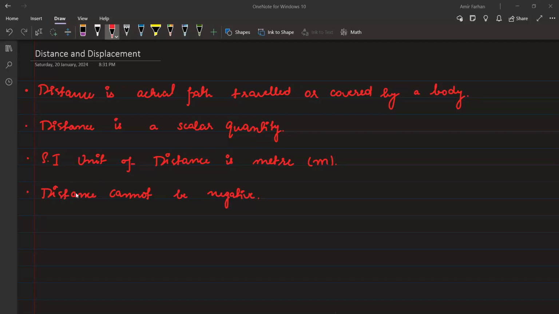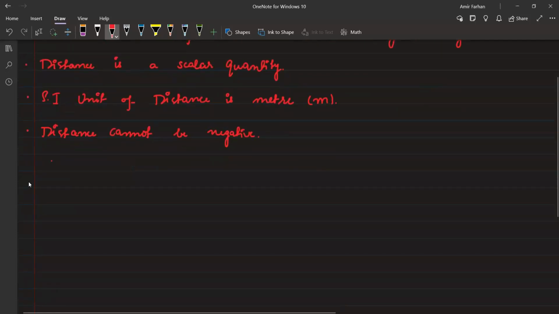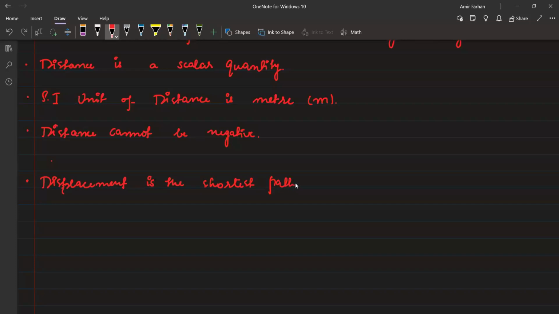Now let's talk about displacement. Displacement is the net shortest path between the final and initial point.